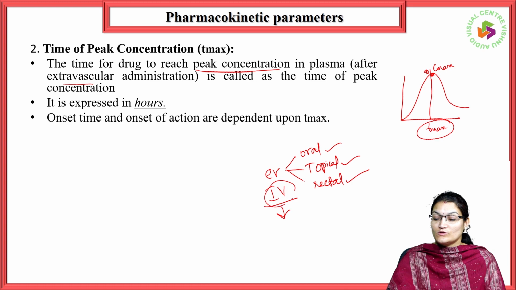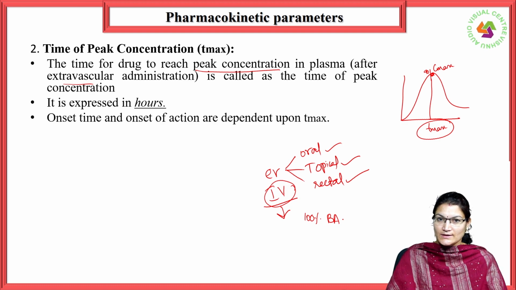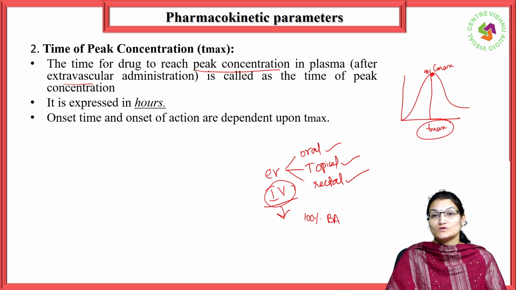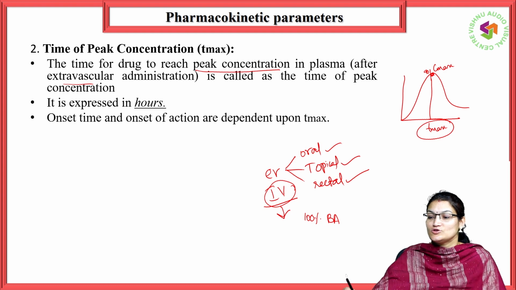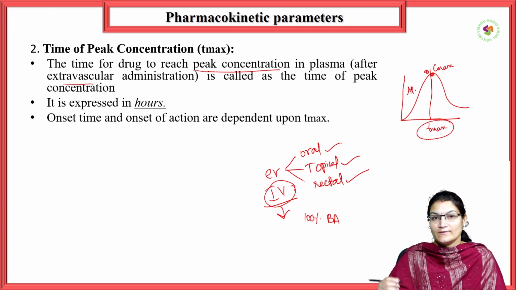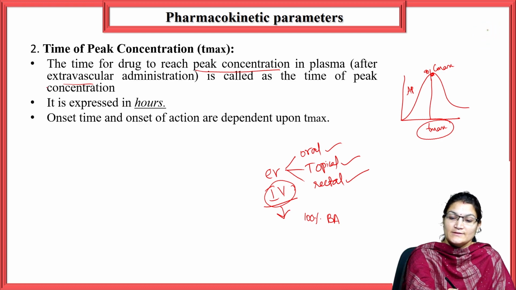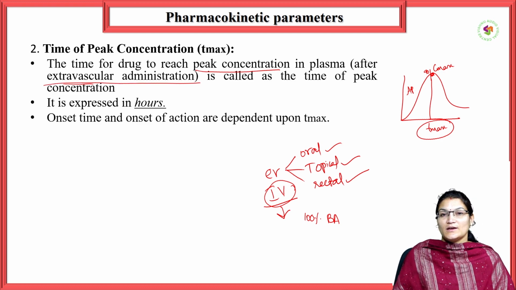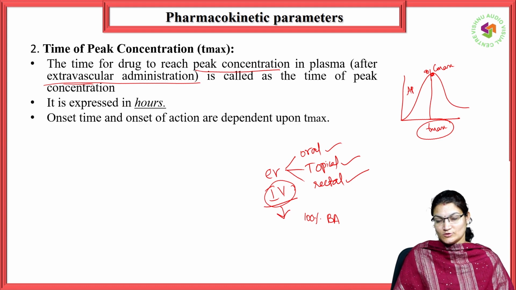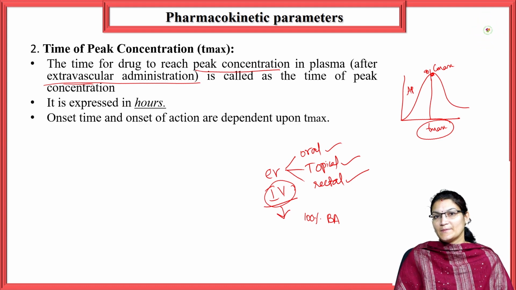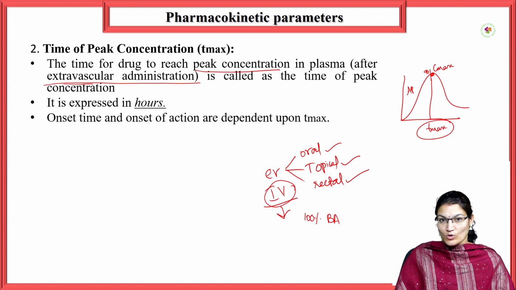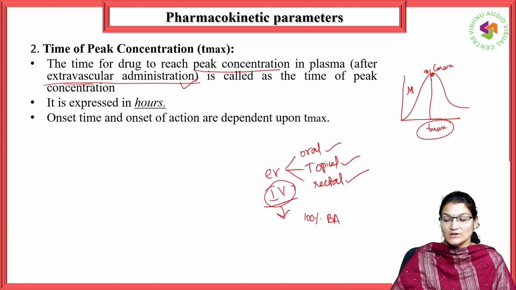So the IV route will give you 100% bioavailability within seconds, because you are directly administering the drug to the systemic circulation. There is no absorption phase in the IV route. That's why we specify extravascular administration: these pharmacokinetic parameters are assessed only for extravascular administration.